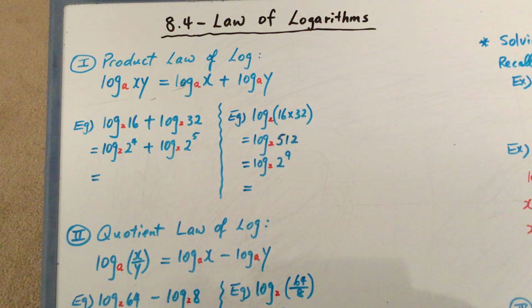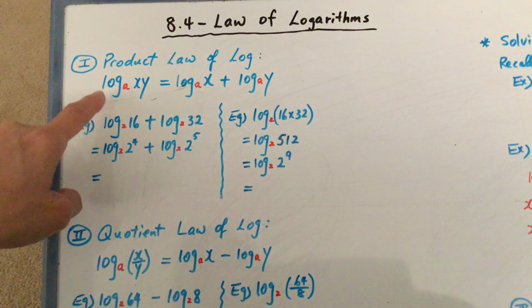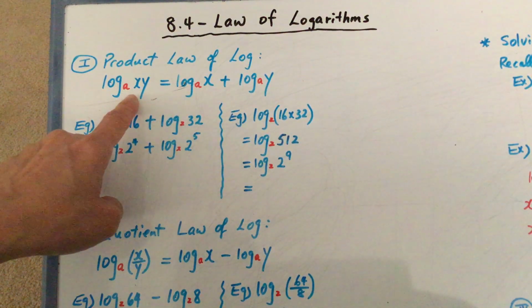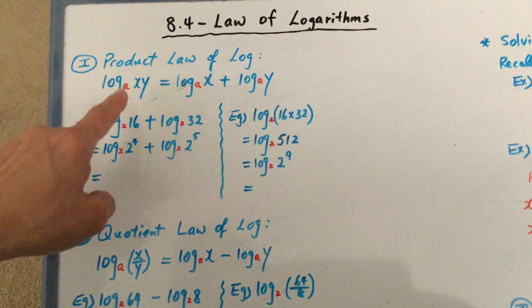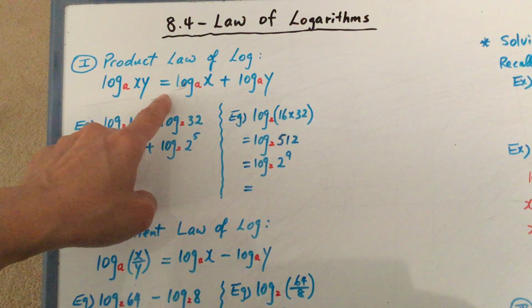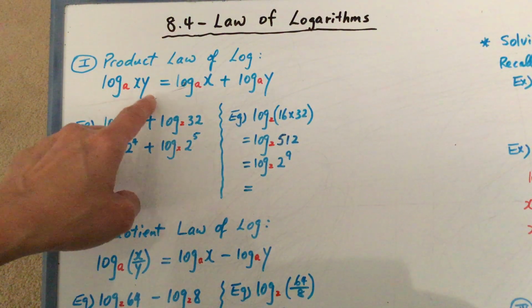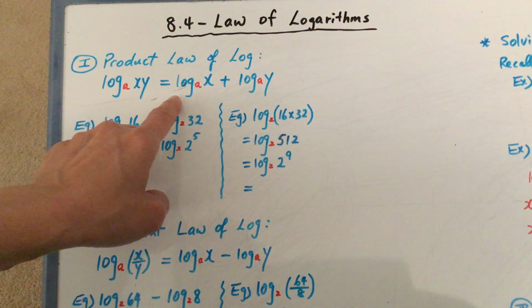The product law of logs says the following: when you have an expression log with the base a, of x times y, that should equal, you can break this, as long as they are the product between x and y, into two logs with addition.